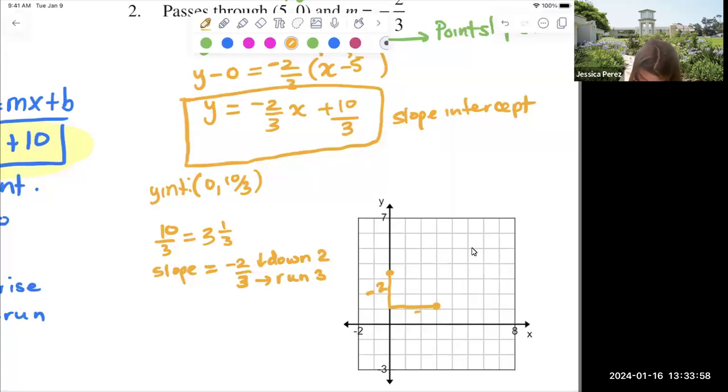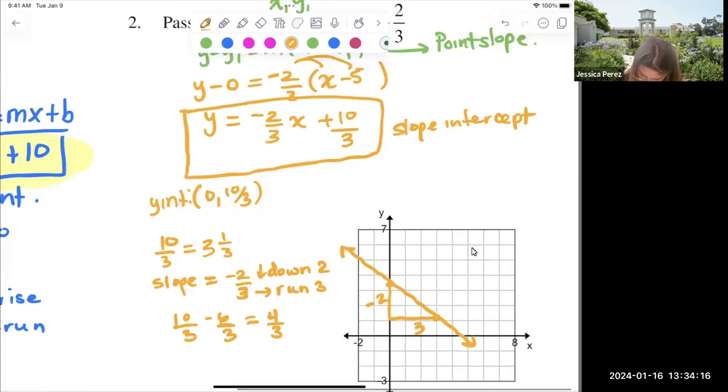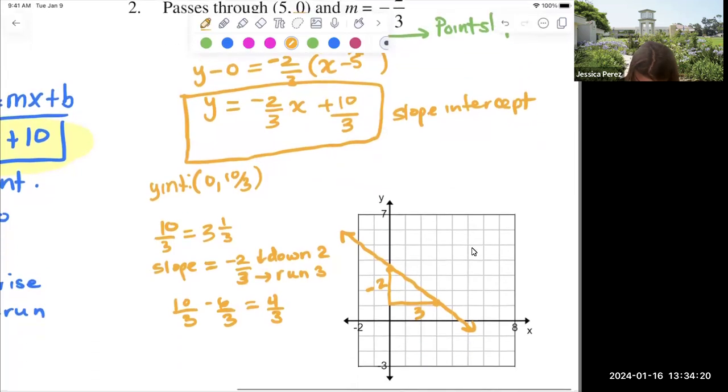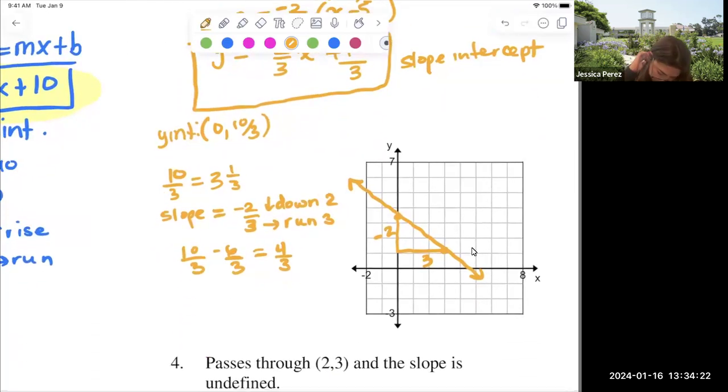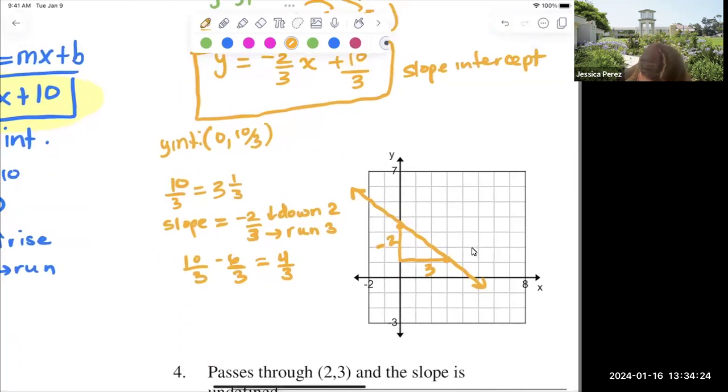So down 2 and run 3. So then that would mean that I went down from 10/3 to 6/3, that's 4/3. And then I went down from 3 1/3, from my y-intercept.